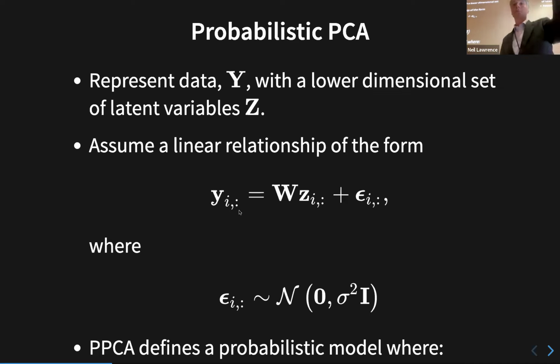What this is saying is that our data is being presented to us in a form like this. So every data point is y1 comma colon, down to yn comma colon, right? Like that, yeah? So that's the form of our data matrix there. And what we're saying here is, well, we believe this data to be generated from some unknown Z that we don't see, which is actually going to be lower dimensionality.